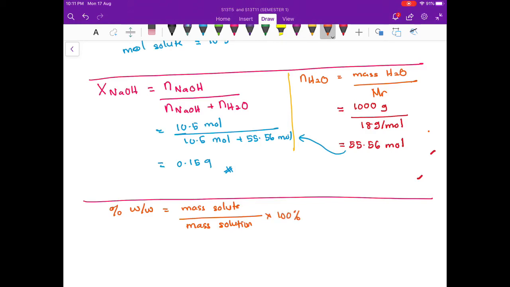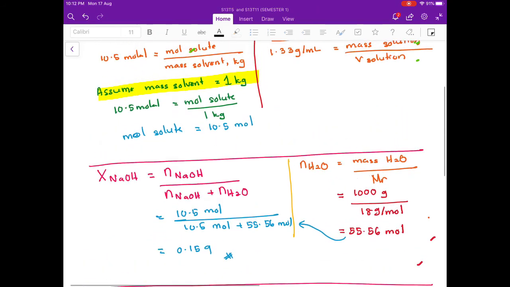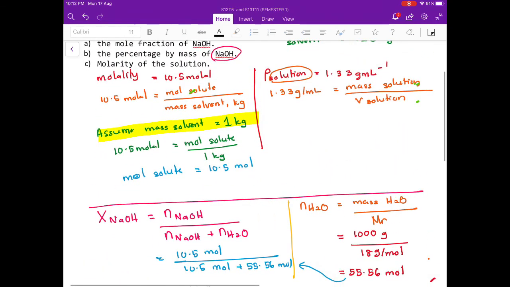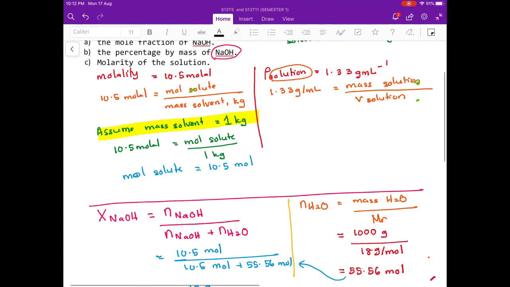The mass of the solution is equal to mass of solute plus mass of the solvent. How to get the mass of the solute? Do you have the information? We don't have the mass of the solute. Can you get the mass of solute from any information?